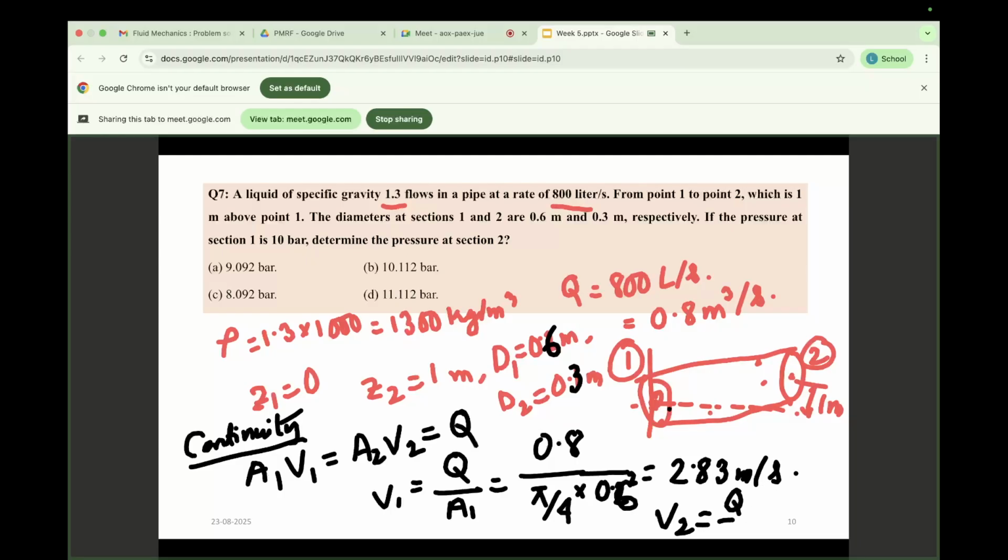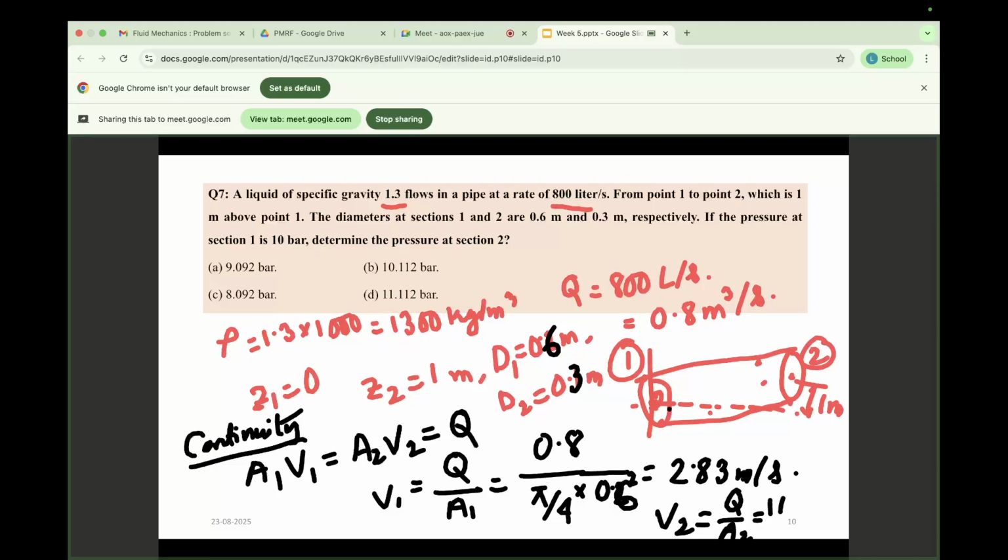This will be Q by A2. So you just calculate. In here A2 should be 0.3, in place of 0.6 it should be 0.3 square. That means it should be 4 times more than this one.